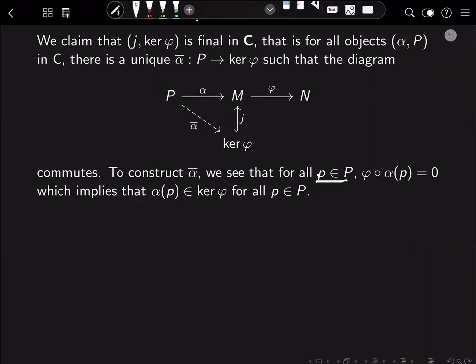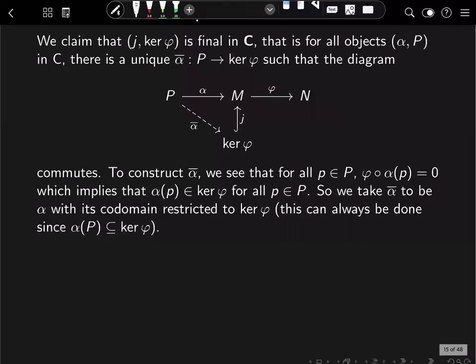That's by the property of alpha, P being in C. So it's a member of C. We know that phi composed with alpha of p is equal to 0 because alpha of capital P is a subset of the kernel of phi by definition of this being in the category. But this implies that alpha of p is in the kernel of phi for all p, right?